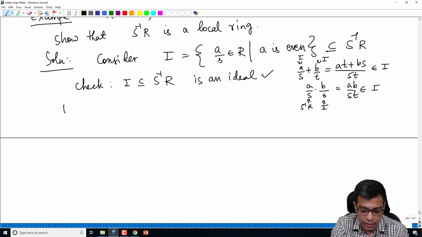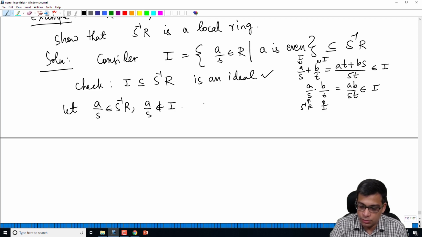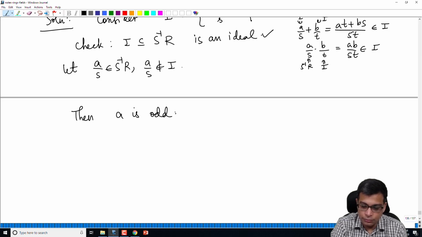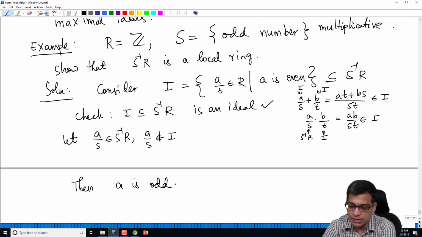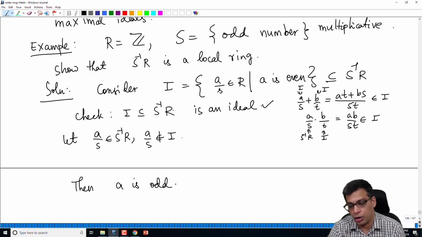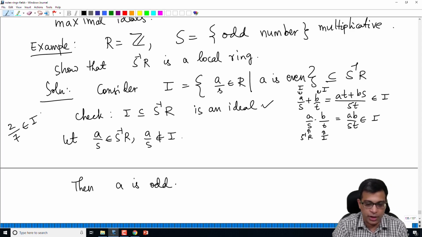And now take an element that's not in I. So let A by S be in S inverse R and not in I. Then by definition of I, A is odd. Here I am suppressing some things. There could be several representations of A by S. Nevertheless, for all of them the numerator will be even, or for all of them the numerator will be odd. For example, 2 by 7 is in I because the numerator is even.